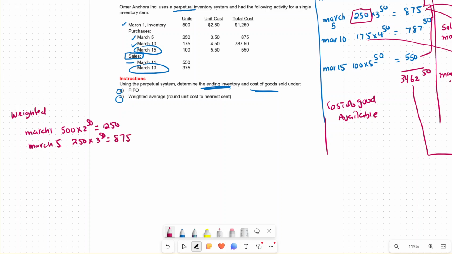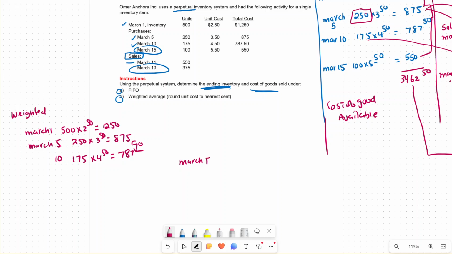The value is $875. On March 10th, we purchased 175 units at $4.50. The value of those units is $787.50. Now we're going to go to March 11th.